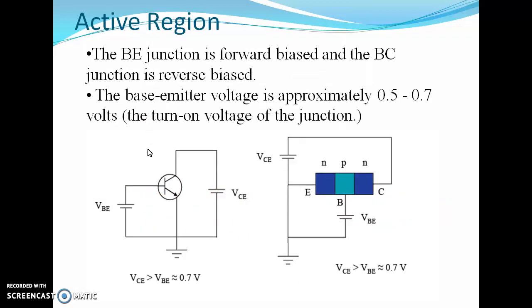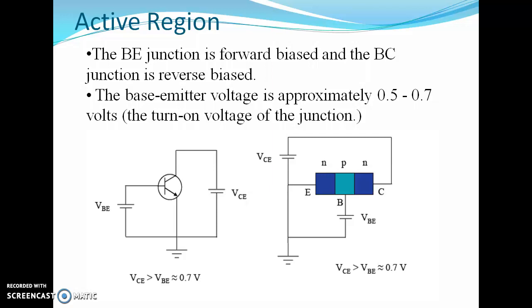And the last mode of biasing, the active region. Here you can see again an NPN transistor with three terminals: emitter, base, collector. Here the BE junction is in forward bias. That means the base is connected to the positive of the DC source and the emitter is connected to the negative of the DC source. In the case of collector and emitter, the positive terminal is connected to the collector terminal and the negative terminal of the DC source is connected to the emitter.